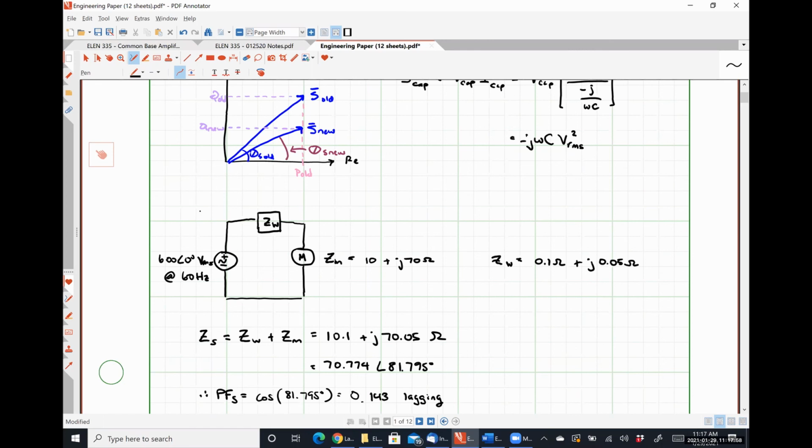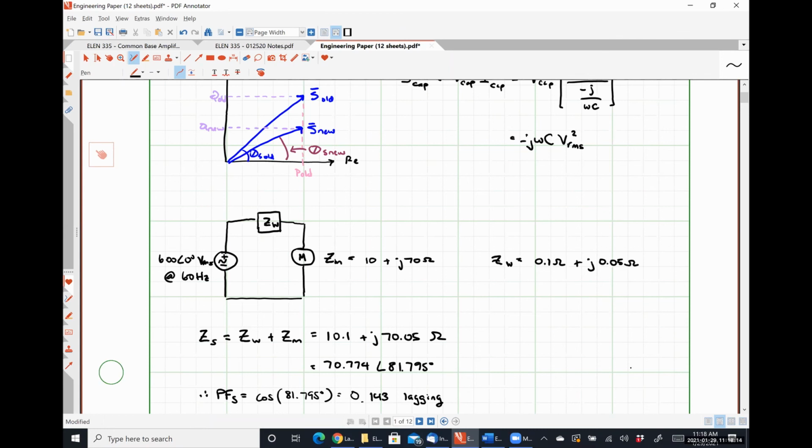To get the complex power, if we know what the voltage is, and we know what the total impedance is, we should be able to get the complex power pretty easily.